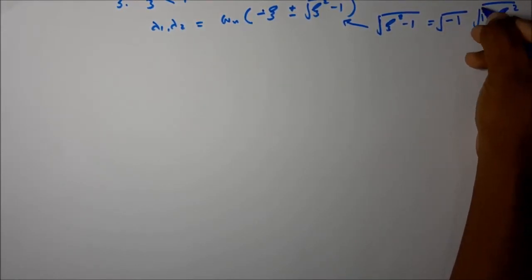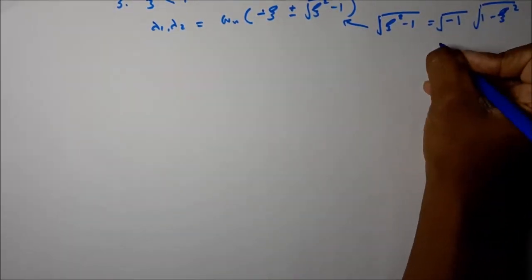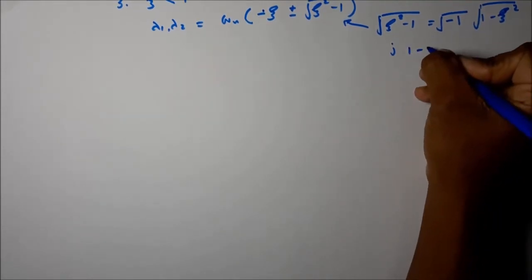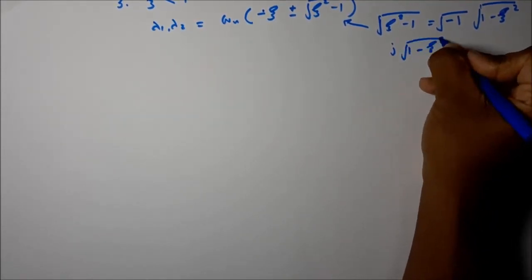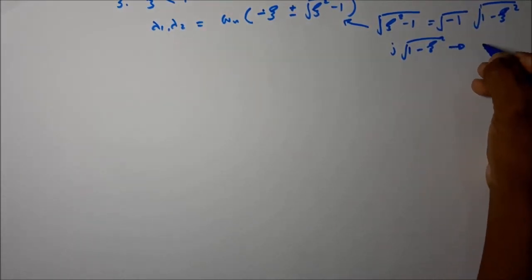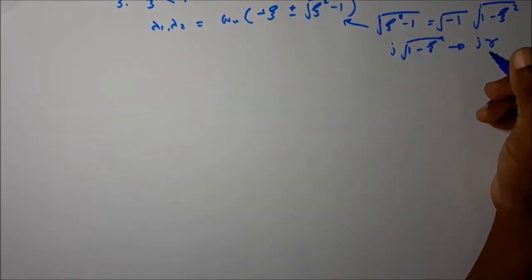Now it becomes positive inside. We can write it simply using j, times the square root of 1 minus theta square. Then further I am going to simplify this term, j into gamma. Gamma means this term.